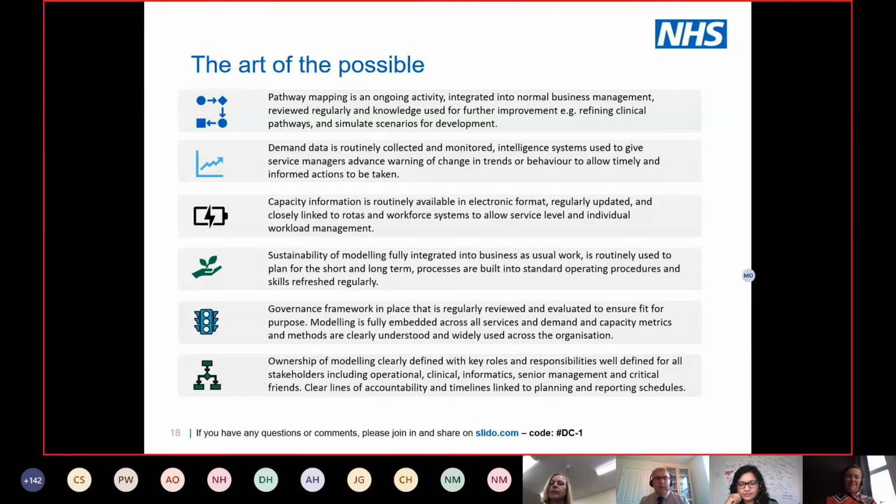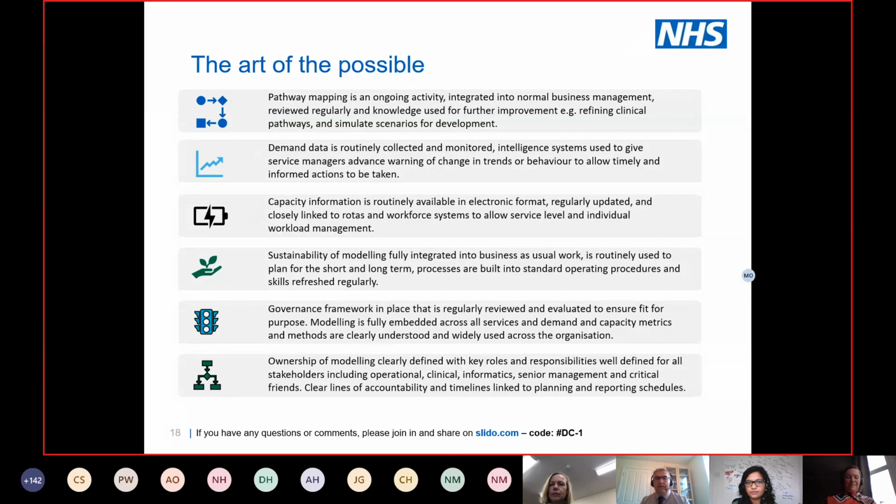The ideal would be that the modelling becomes sustainable in terms of being integrated into your business as usual processes and workflows. It's routinely used to plan, and that's not just the short term, but also longer term. And processes become built into standard operating procedures, and skills of those involved in the modelling processes and the demand and capacity processes are refreshed on a regular basis.